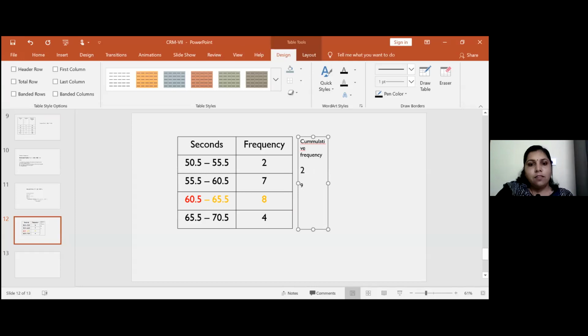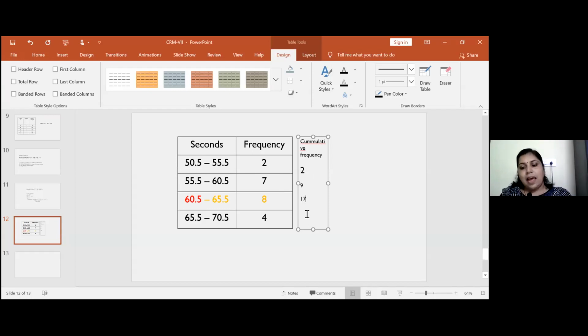Any value below 60.5 is considered as cumulative frequency less than 60.5, which is 9. You have to add both the 2 and 7 frequencies together and put 9. Next, what is the cumulative frequency for the median class? 9 plus 8, the answer is 17.